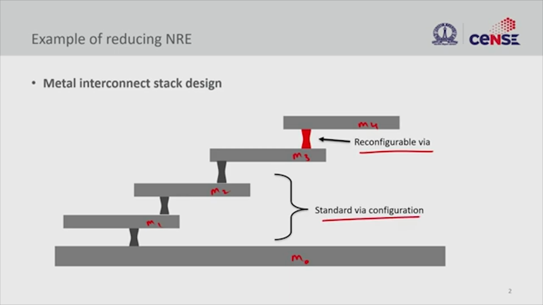So these 3 metal layers are standard via configuration, and now we have some layers that are reconfigurable. By doing this, you only change your metal 3 to 4 via layer. Only by changing that particular metal via, you can reconfigure and make the circuits that you want. So instead of changing the whole metal stack, you are only changing one intermediate layer.